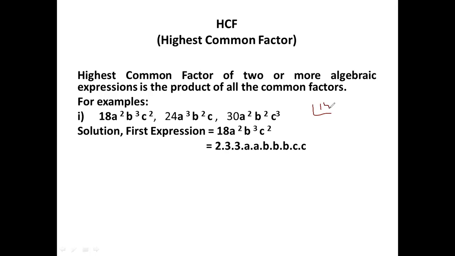We can write 18 as 2 times 9, and then 9 as 3 times 3. Like this, in place of 18 we can write 2 into 3 into 3, because the factors of 18 are 2, 3 and 3.